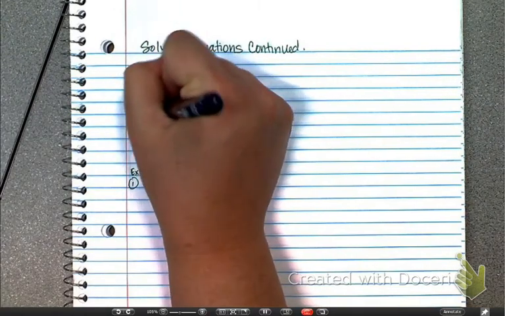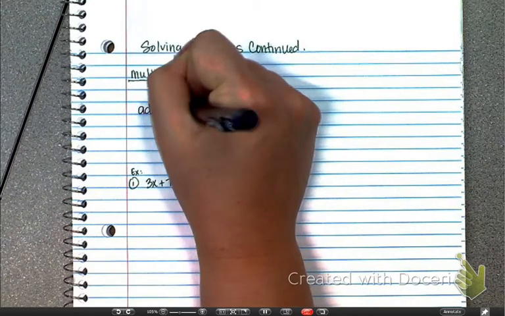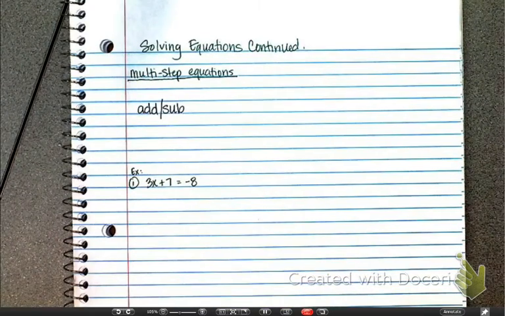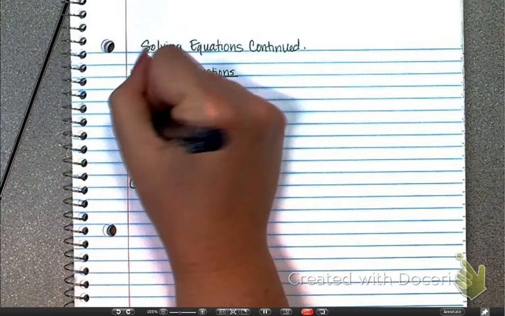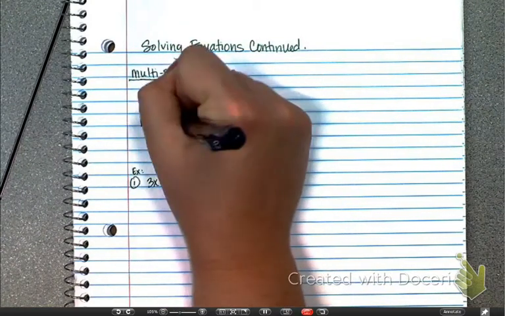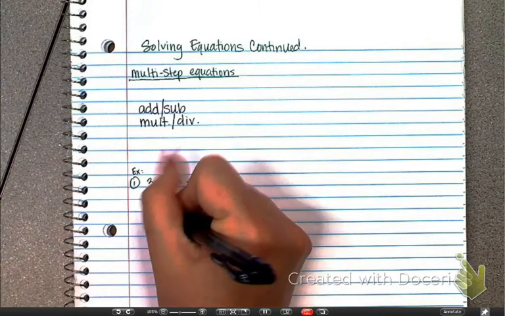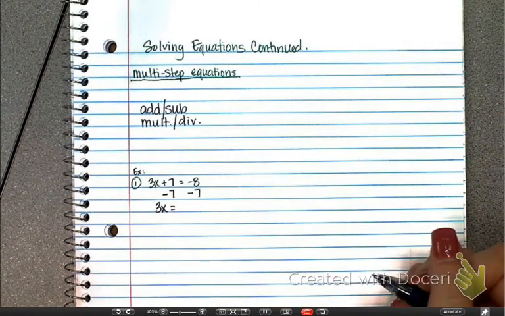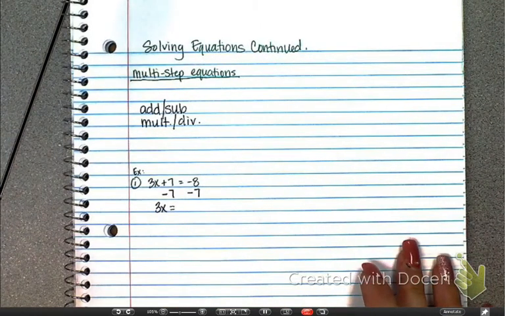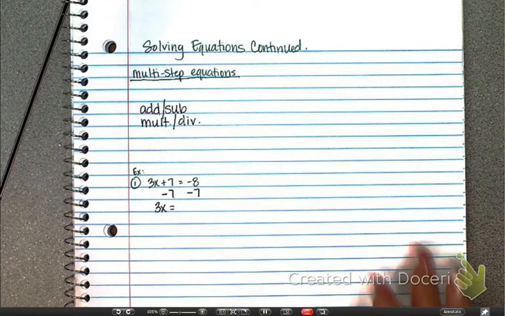You would subtract 7. So does everyone agree that we're going to do our addition and subtraction before we do our multiplication and division? Okay, so addition, subtraction, and then our multiplication and division would come after that. So if I subtract 7, I get 3x equals what? -15.